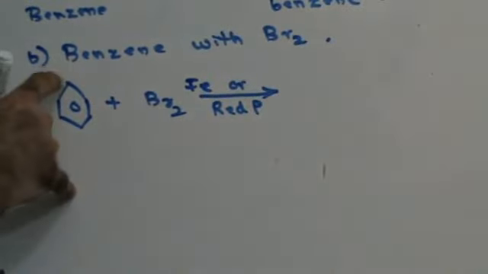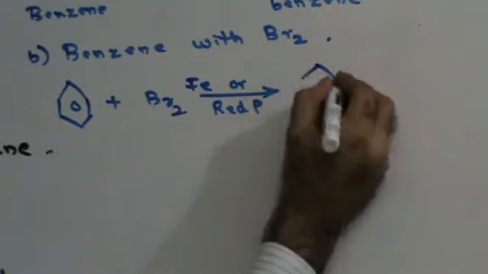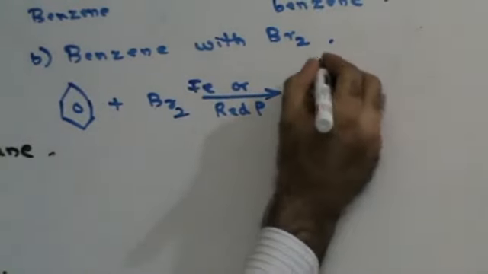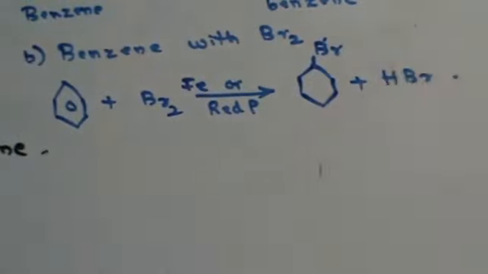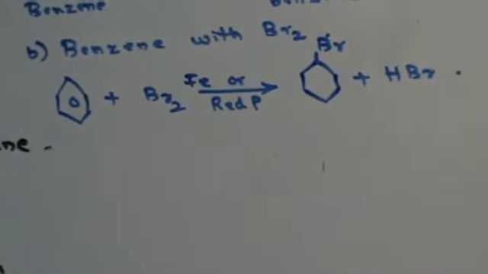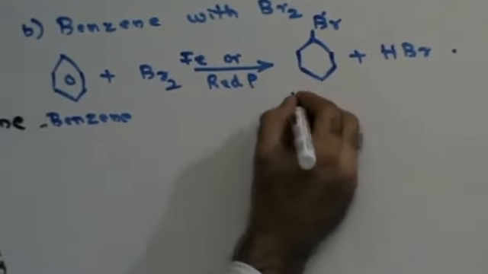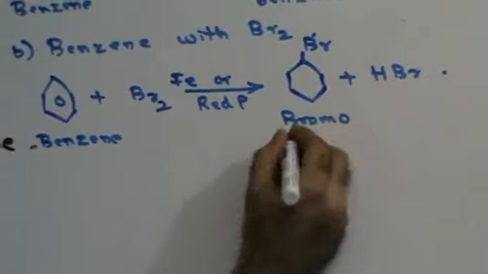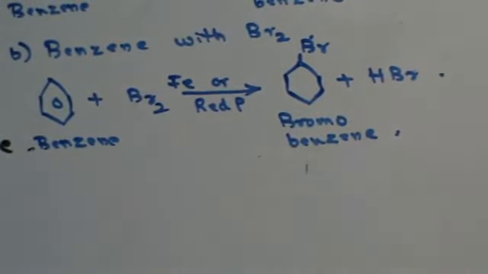Substitution reaction, 1 hydrogen from the first carbon atom is going to be substituted. So you will have benzene ring with that hydrogen atom substituted by bromine. The free hydrogen atom will react with bromine to give you HBr, right? So this is benzene, this is bromobenzene. Fine, do we get this in here?